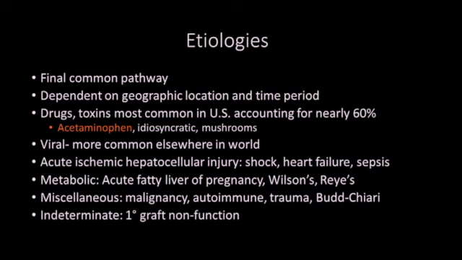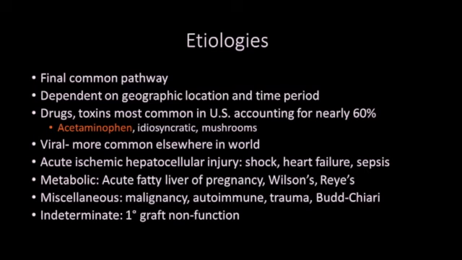There are a whole laundry list of other causes, some of them relatively rare, as you can see here, various entities which cause just ischemic hepatocellular injury can cause fulminant liver failure, as well as fatty liver of pregnancy and Wilson's disease.